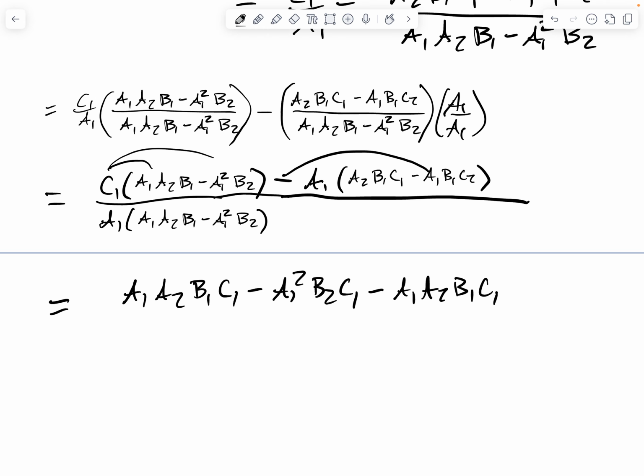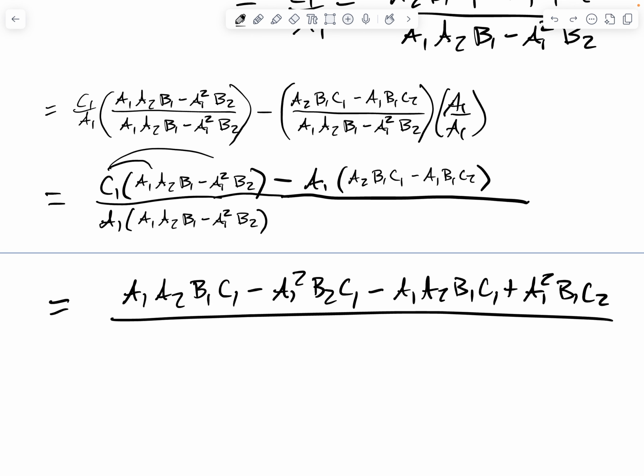A minus times a minus makes a plus. A1 squared, B1, C2, all over this. We'll distribute this guy. A1 squared, A2, B1, minus A1 cubed, B2.